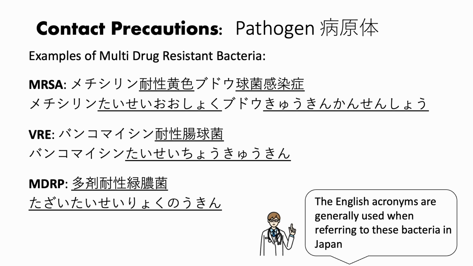So as the English acronyms are commonly understood, I'll just quickly go through them. So we have MRSA, which in Japanese is Methicillin Taisei Oshoku Budokyukin Kansenshou. We also have VRE, which is Vancomycin Taisei Chokyukin, and MDRP, which is Tazai Taisei Ryokunyokin.